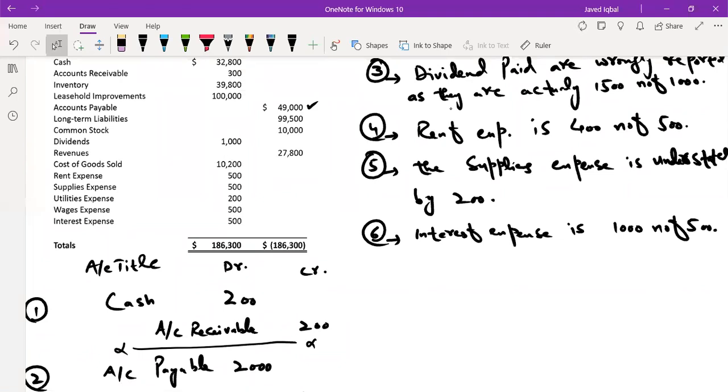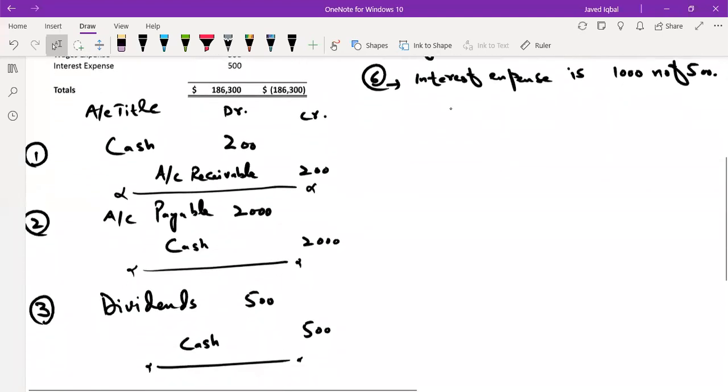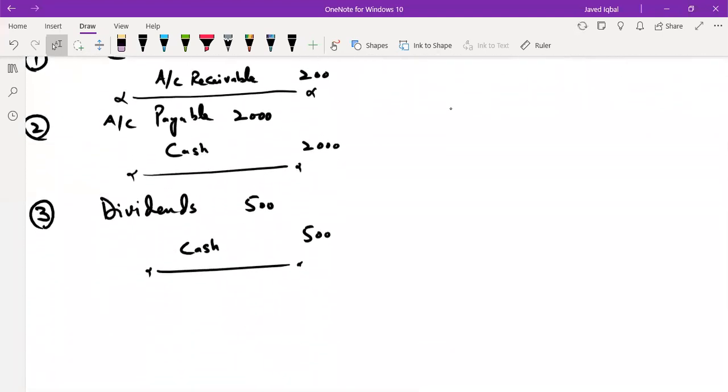So the fourth states that rent expense is 400, not 500. So now you have to decrease this rent expense. This means mistakenly you have recorded it on the higher side. When you actually recorded it, you would have recorded rent expense debit 500, and obviously you would have paid it from cash, 500.